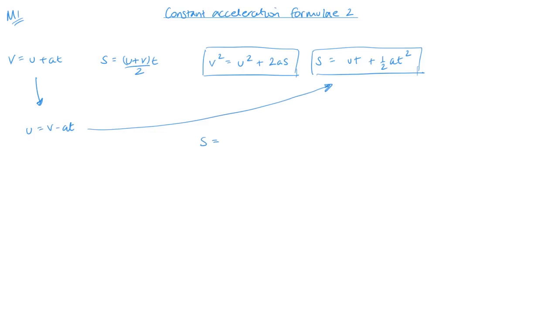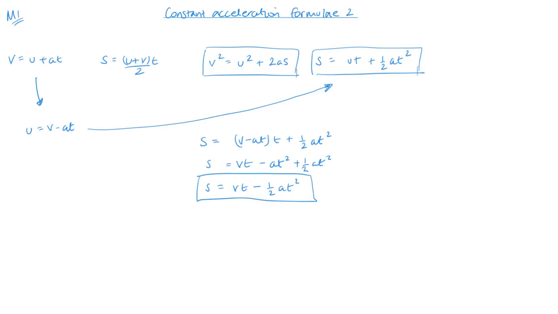So S equals (V minus AT) times T plus a half AT squared, which gives me VT minus AT squared plus a half AT squared. So it's VT minus a half AT squared. And that there is the final one. And that one obviously has no U.